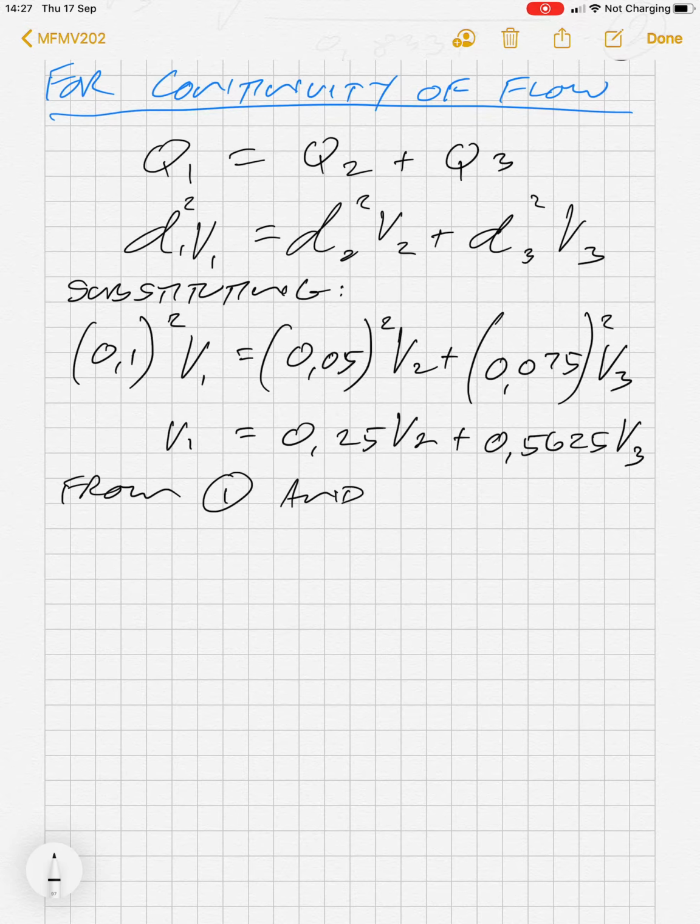From equations 1 and 2, we can substitute for V2 and V3.